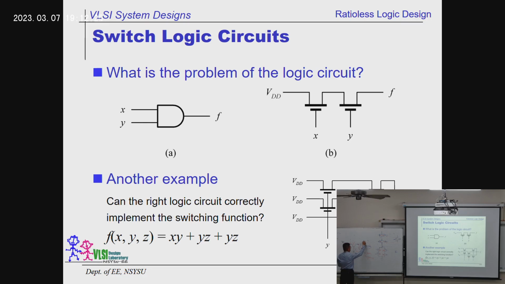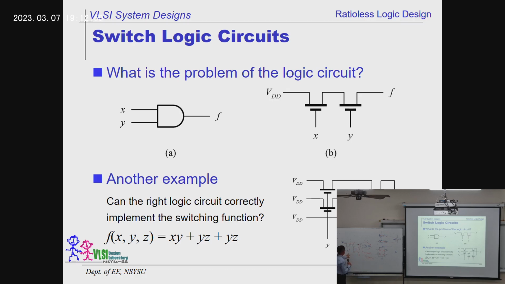It will go down smoothly and gently, but definitely it will not reach ground. So according to the definition of this truth table, this cannot work as a real AND gate because the functionality is totally wrong. Is that clear?